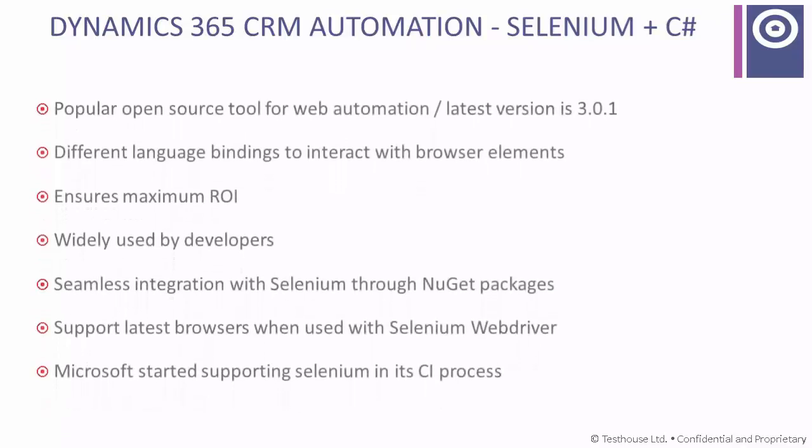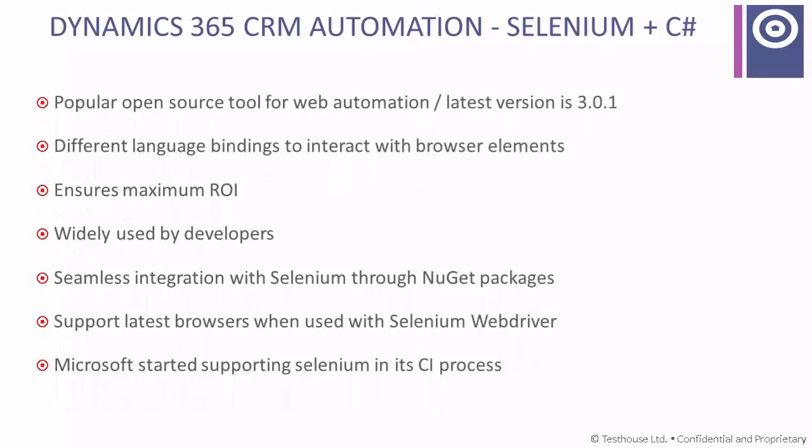So let me move on to the next slide. So now we know why it is necessary to automate CRM. So let me just get into how we do that. Most of you will be aware of the Selenium tool and its web automation capabilities. Selenium has gained in popularity on account of its open source nature, but many are often confused between open source and free software.